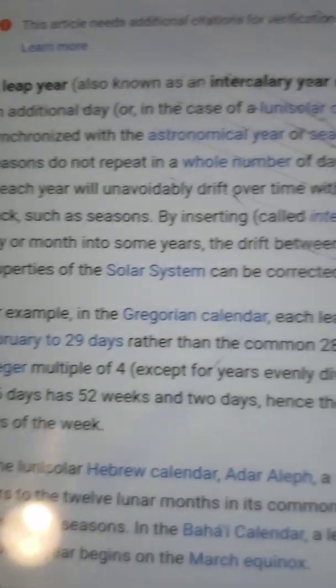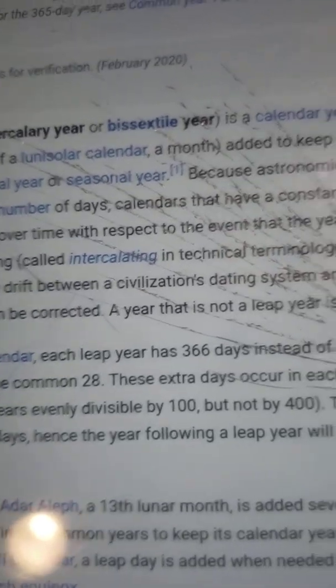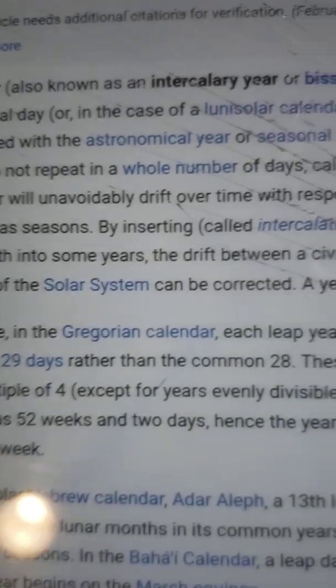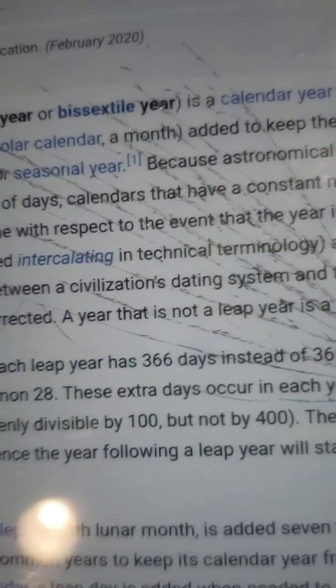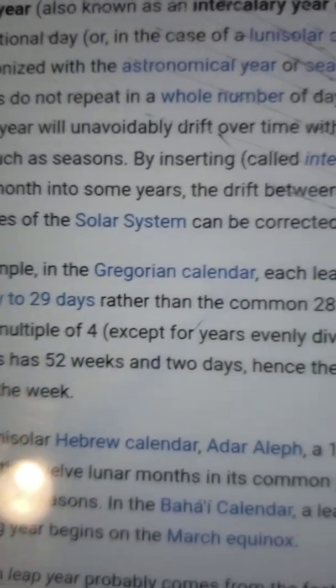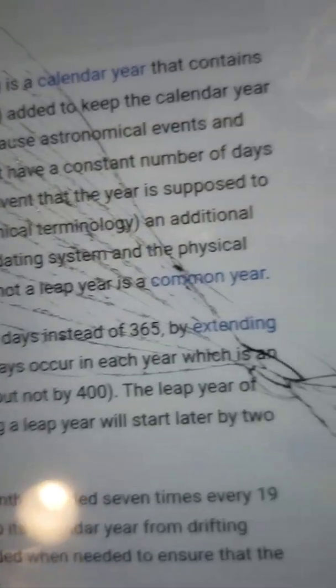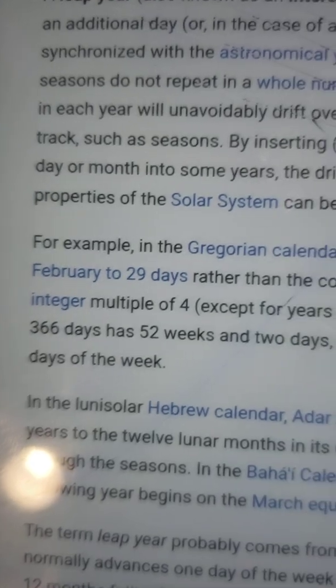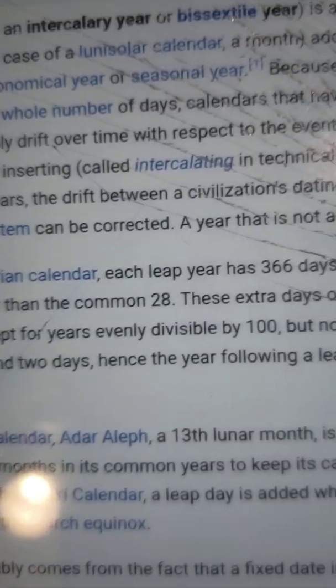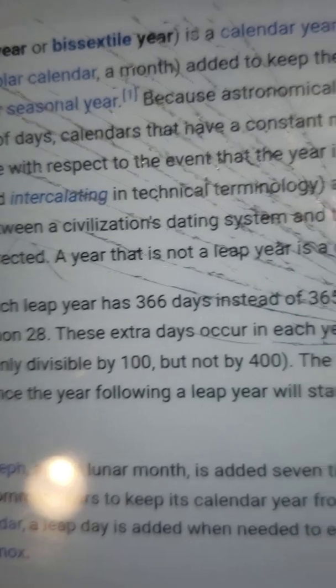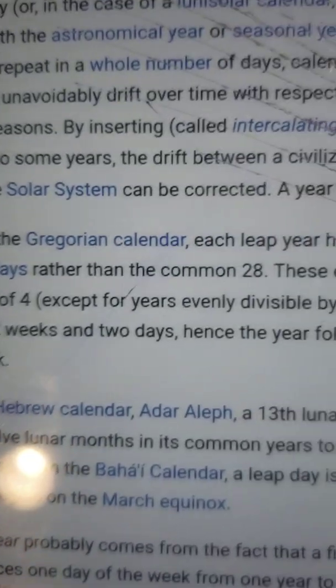Because astronomical events and seasons do not repeat in a whole number of days, calendars that have a constant number of days in each year will unavoidably drift over time with respect to the event that the year is supposed to track, such as seasons, unless an additional day or month is inserted into some years, called intercalating in technical terminology. The drift between a civilization's dating system and the physical properties of the solar system can be corrected.